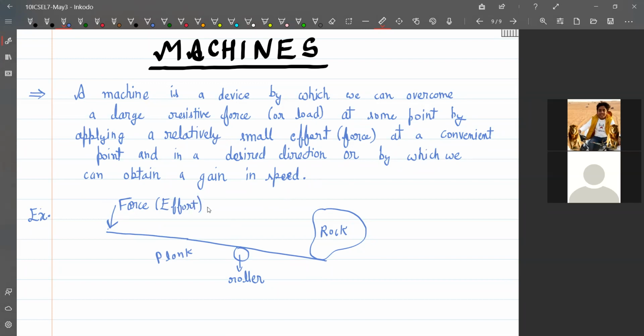So this is your effort and this is your load or resistive force. This is the example of a simple machine where you can convert your effort into overcoming a large resistive force or load.